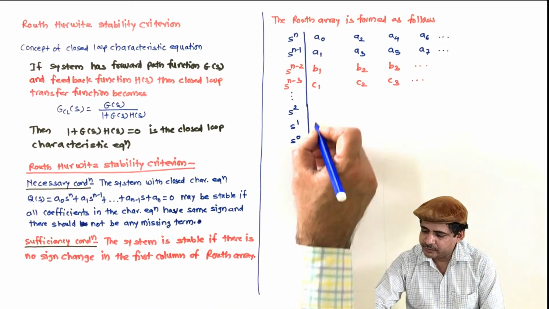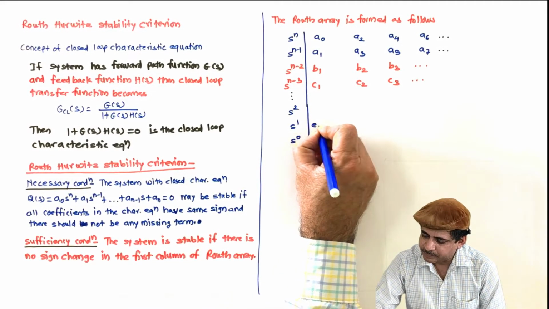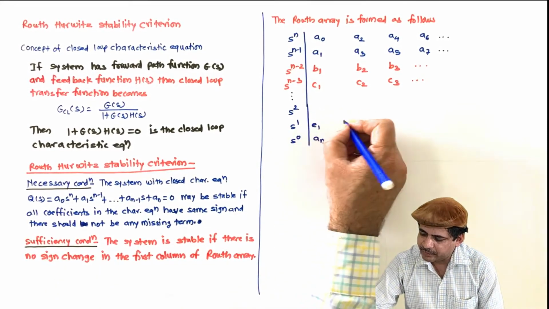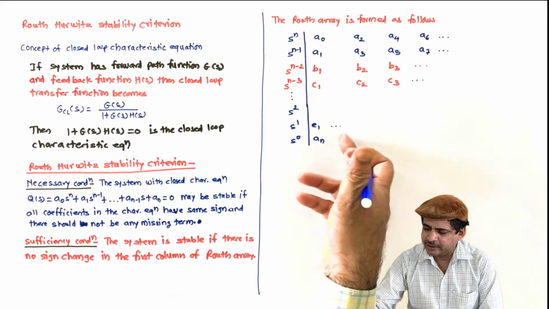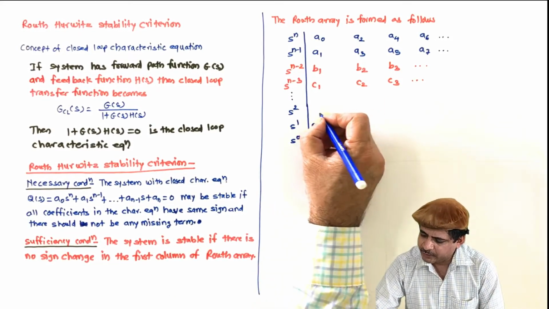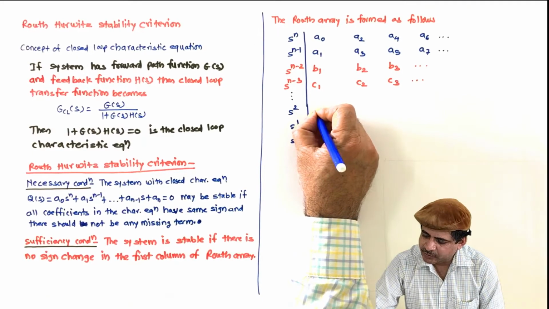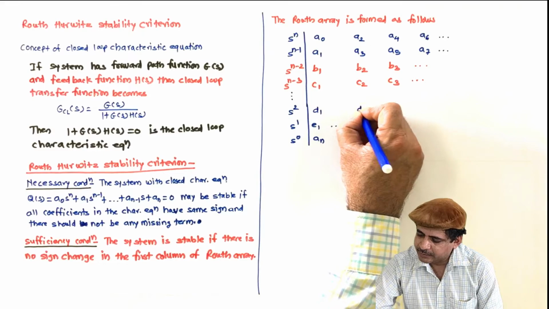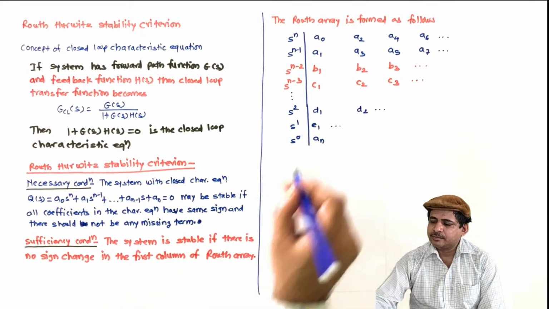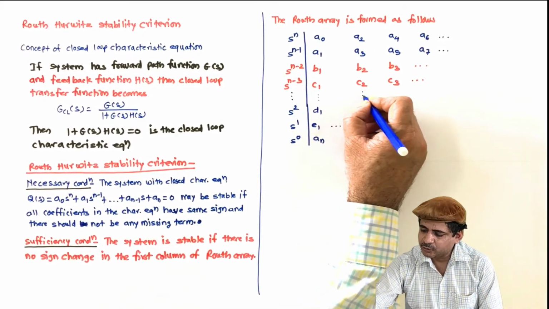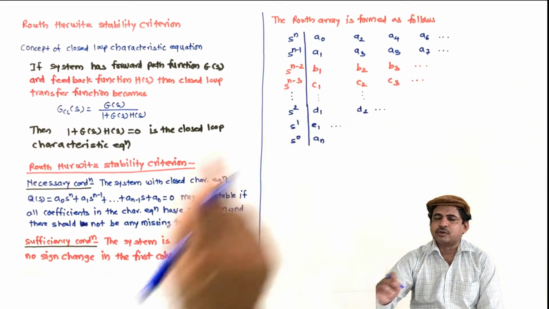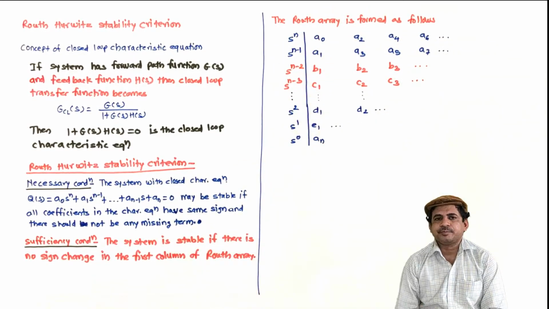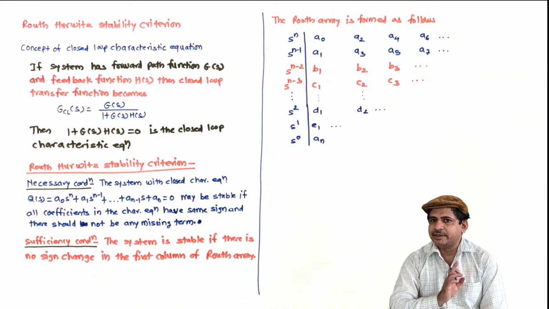Then this will have, say, e1, and it may even have e2 also, and this will be d1, d2 and so on. So in total there are n plus 1 rows, and then this first column is formed, and this first column should not have any sign change.